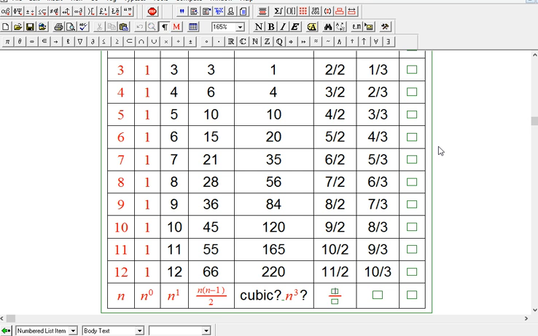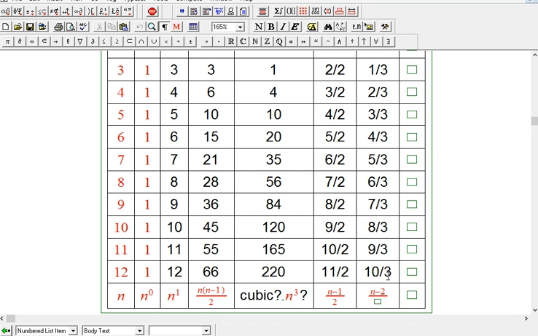So the pattern was n minus 1 over 2 for the ratio, and that's why you take this and multiply it by n minus 1 over 2 to get this. Now we're looking at what we have to multiply this by to get our mystery numbers. You might want to pause, but it's not too hard. Now it's n minus 2.